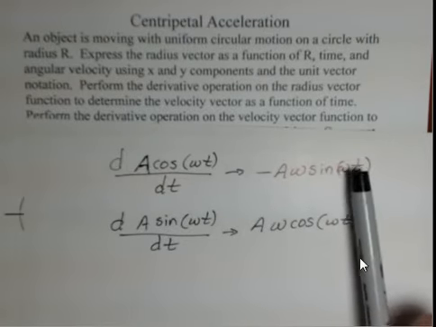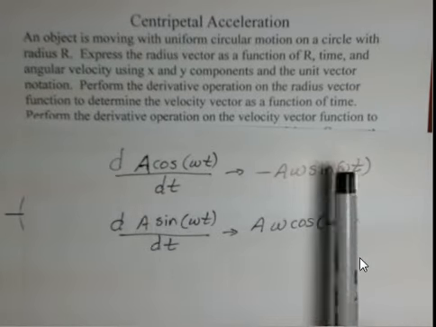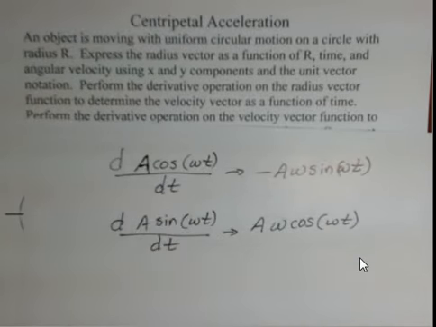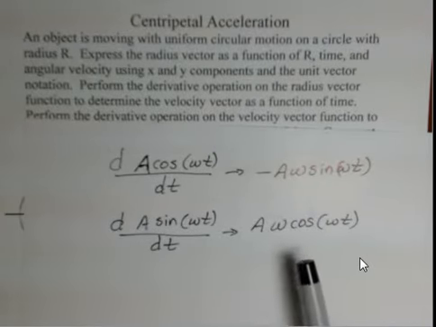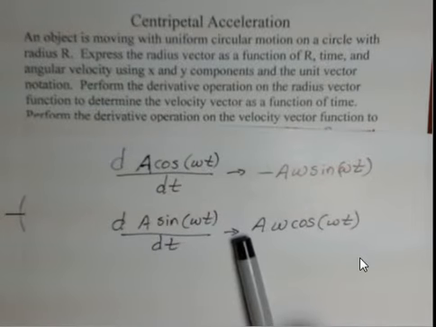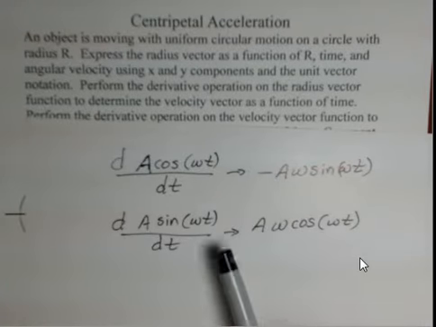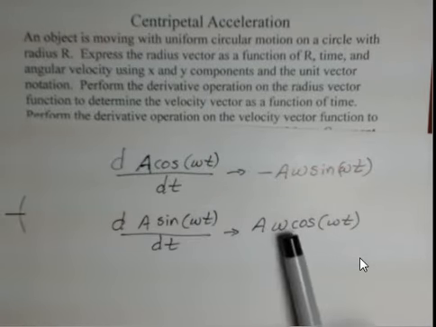And then the argument is still omega t. So that's the proper calculus treatment of the derivative of cosine. Similar thing for the sine function, but now the derivative of the sine function produces a plus sign, and again the derivative of omega t with respect to t produces the omega.